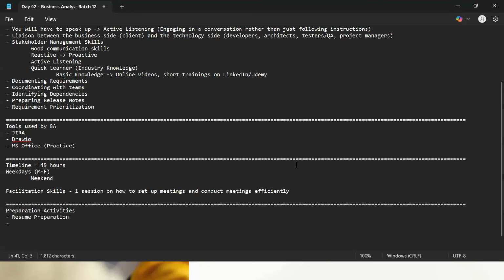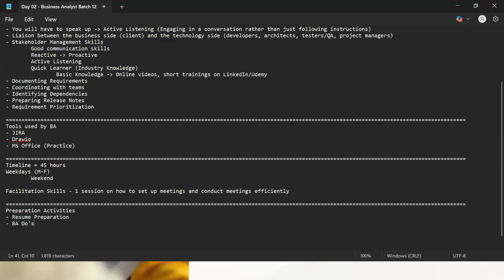So unless we cover technical topics like requirement documentation, requirement prioritization and requirement elicitation, it will not be good to go out with that resume, where you don't even understand the topics. That's why we have it at the last.